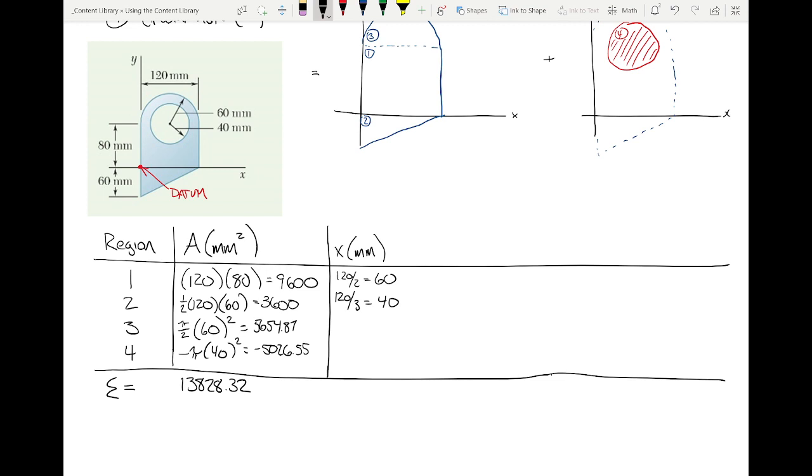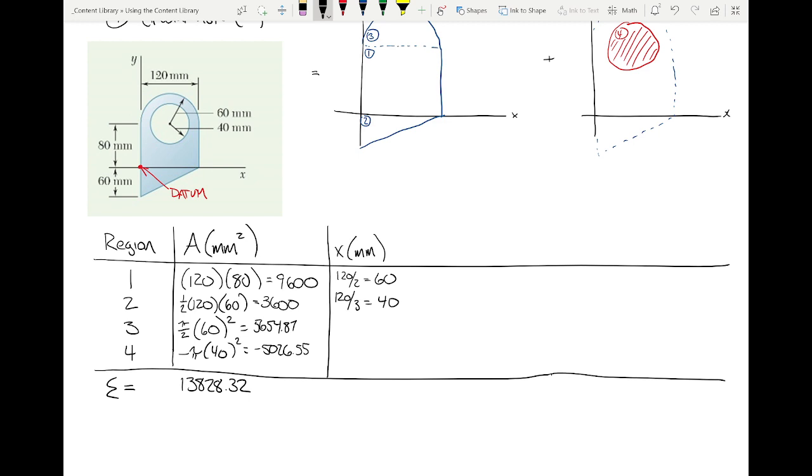Okay, let's take shape number 3. How far is it along the x-axis for shape 3 from the datum to the center of that semicircle? 120 over 2. How about shape number 4? It's the same distance, right? I'm talking along the x-axis.